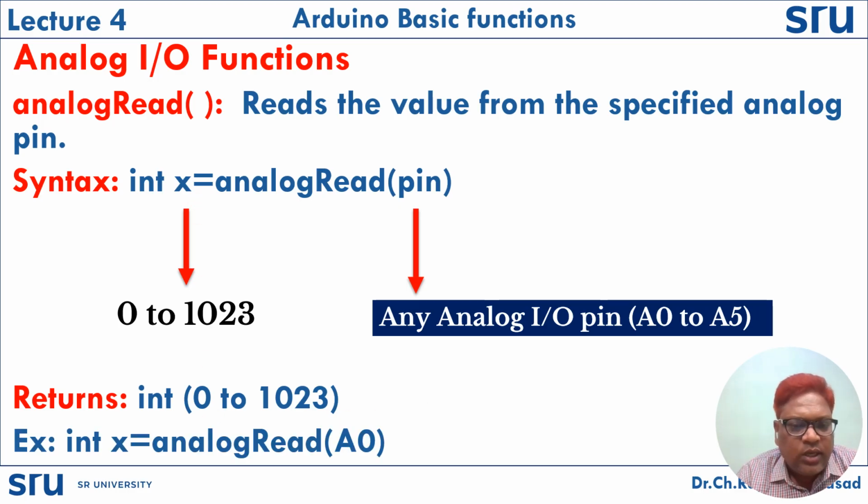For example, if you connect one sensor on the A0 pin, based on the corresponding voltage, it will give a decimal number between 0 and 1023 in x.